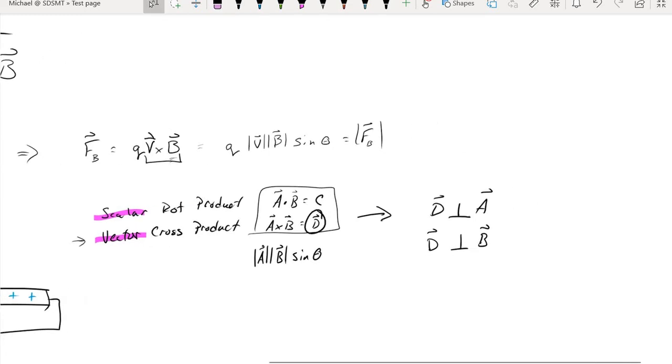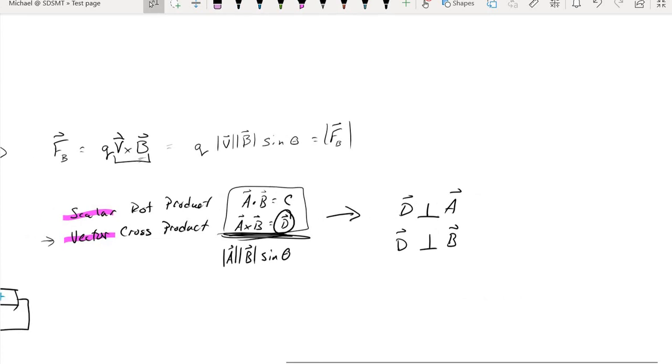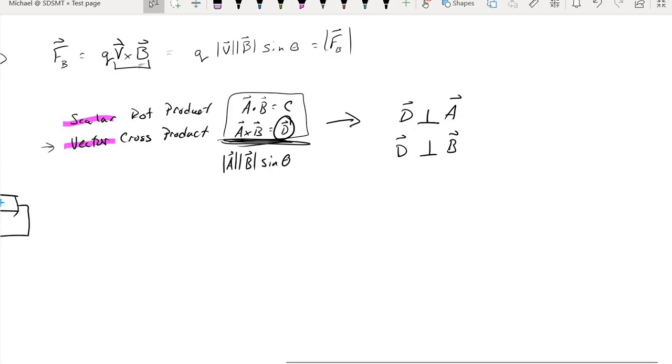In other words, this vector D that was produced by the cross product of vectors A and B, D has to be perpendicular to vector A, and D has to be perpendicular to vector B. So how does that happen? Well, it's really only going to happen in a three-dimensional system.